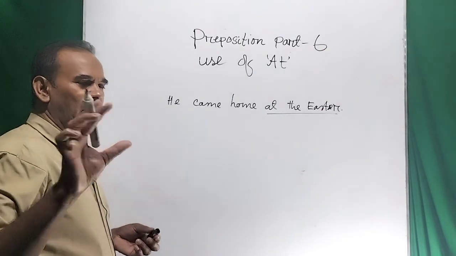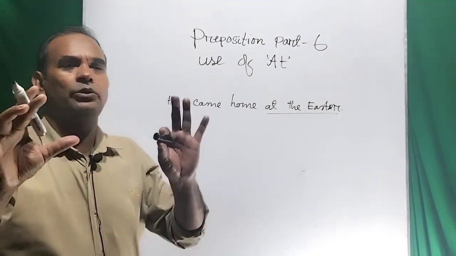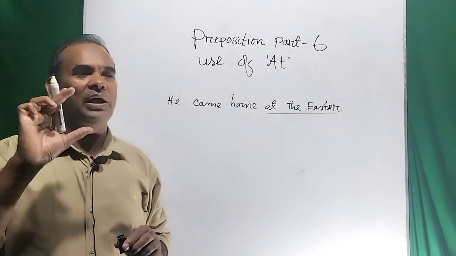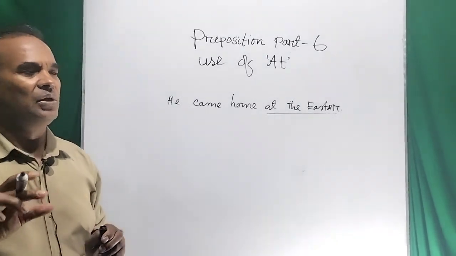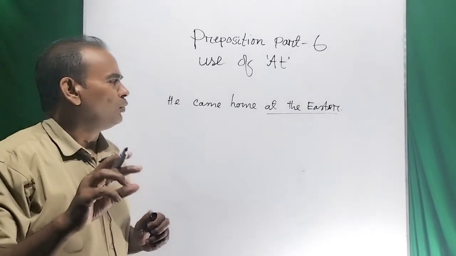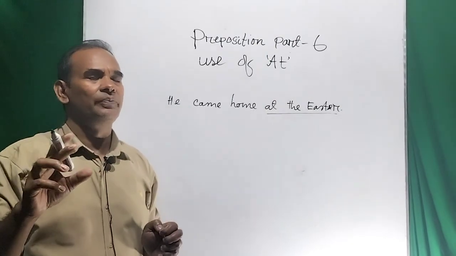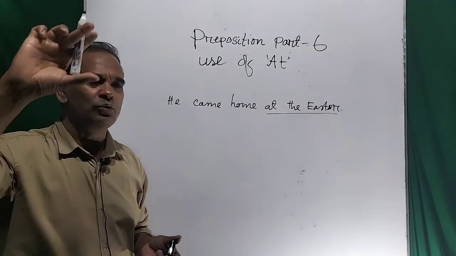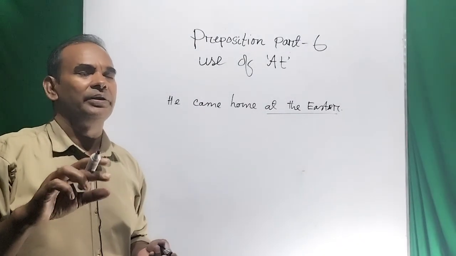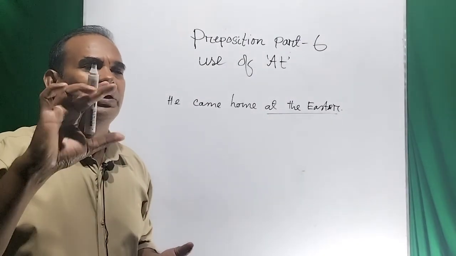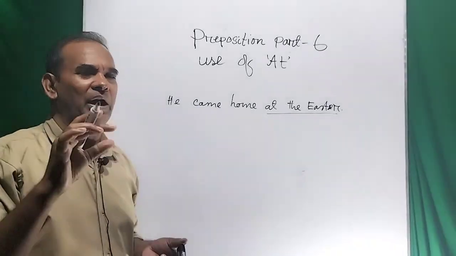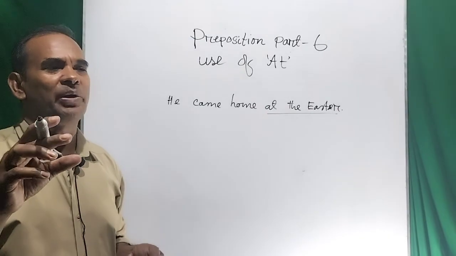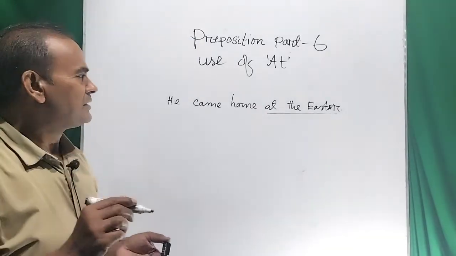And now I am going to tell you another important rule, that is in formal English. In formal English, we can use the preposition at the beginning, but in informal English we generally use the preposition at the end of the sentence.